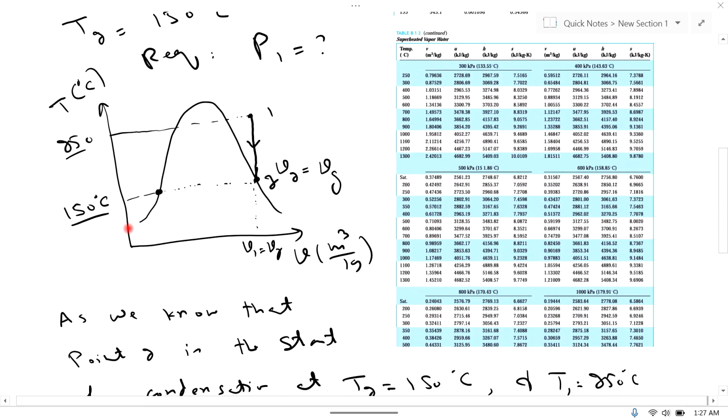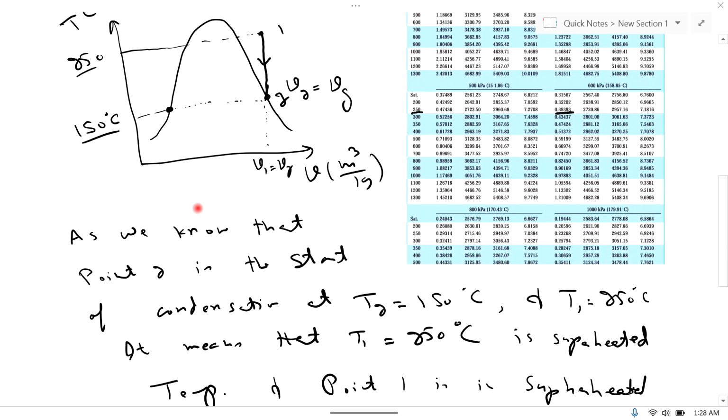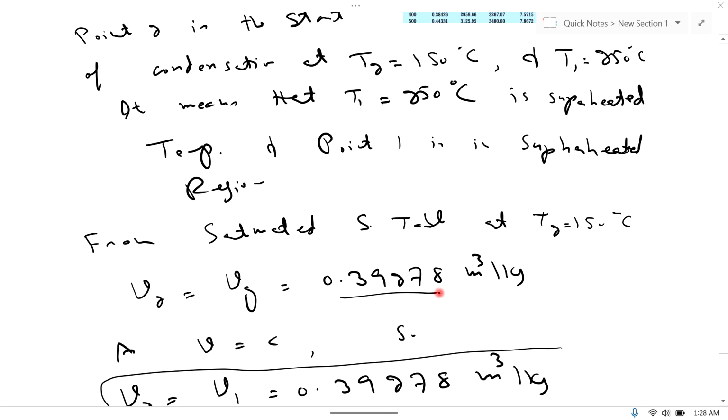So I am checking the superheated steam table. Here the temperature is 250 degrees centigrade. At this temperature, the specific volume is 0.39383, which is close to our value, 0.39278.